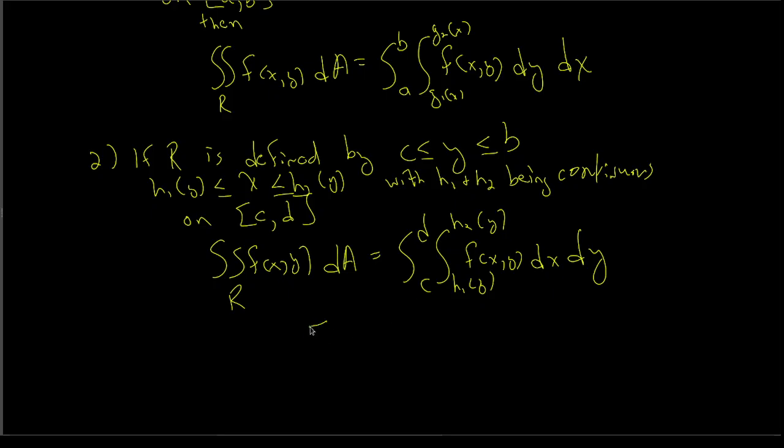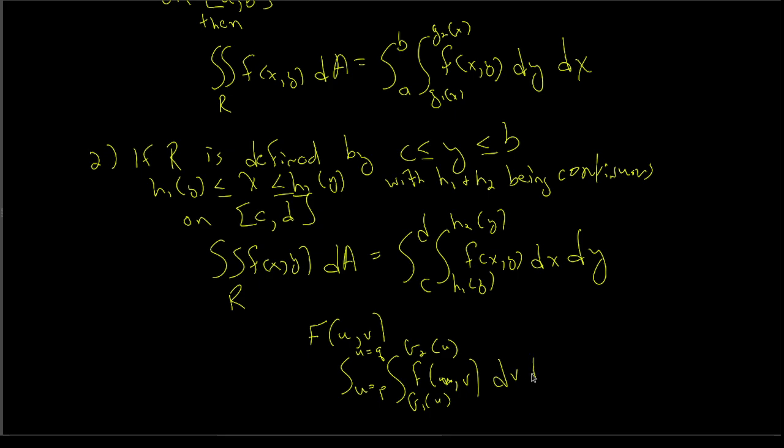If we have some function f of u and v, then u could be from some p to q, and then v would be from g1, some function of u, to some other function of u. And then you would have f of u, v dv du.